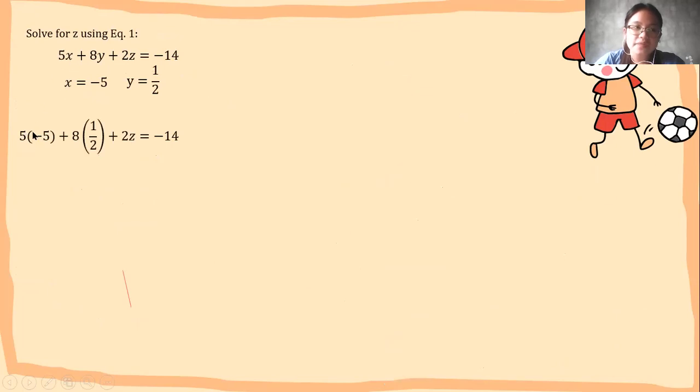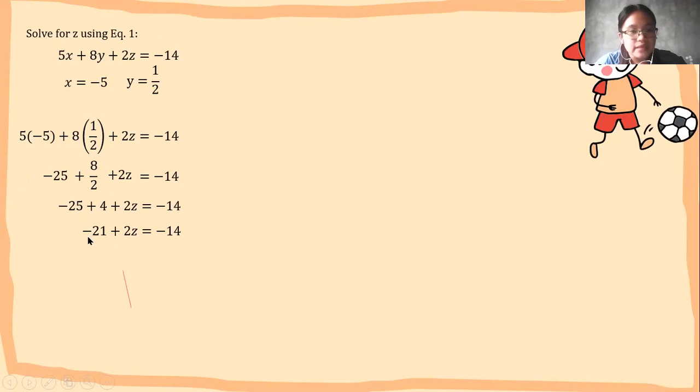So 5 times negative 5 plus 8 times 1/2 plus 2z is equal to negative 14. 5 times negative 5 is equal to negative 25 plus 8 halves plus 2z is equal to negative 14. Then our 8 halves will become 4 because 8 divided by 2 is equal to 4. Then next, let's add. It will become negative 21 plus 2z is equal to negative 14.